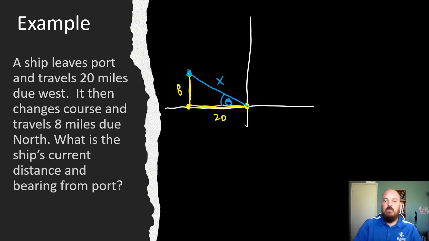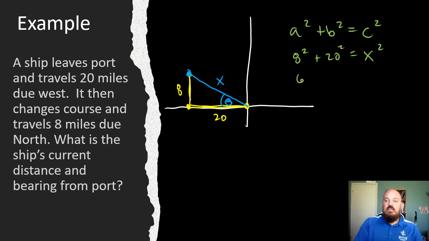X is just Pythagorean theorem, just a very simple, straightforward a squared plus b squared equals c squared. And x is the hypotenuse. A and b are the legs, so I'll put the 8 here and the 20 here. So we have 64 plus 400, so 464.